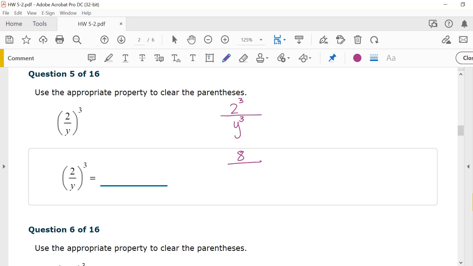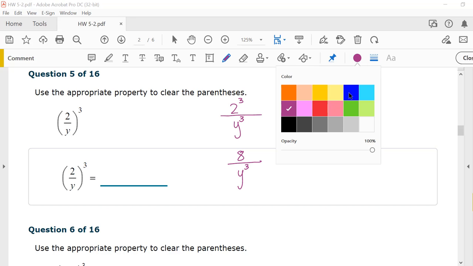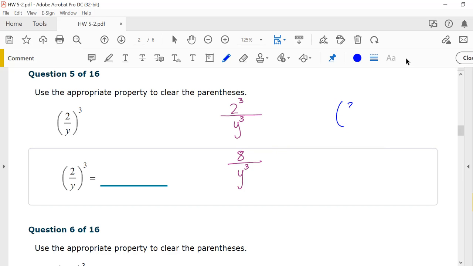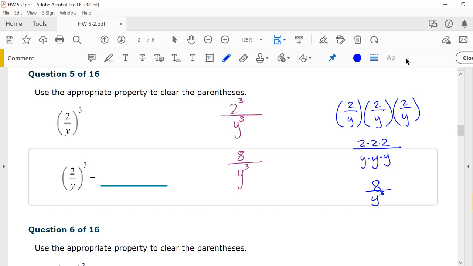So we have 8 over y cubed. Now you could have written that as 2 over y times 2 over y times 2 over y. 2 times 2 times 2 over y times y times y is 8 over y cubed. I encourage you to do it this way, though, because that's learning the new rules.